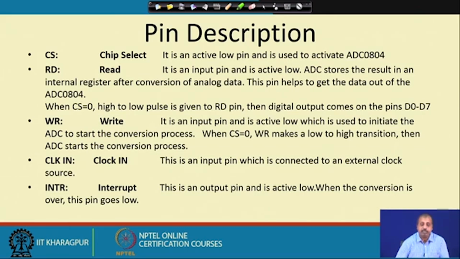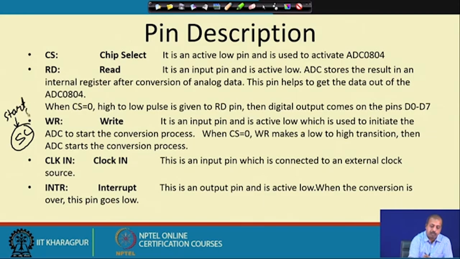Then there is another pin which is write, WR. This is also an input pin and active low, and this initiates the conversion process. In some ADCs there is another pin which is known as start conversion, or SC.